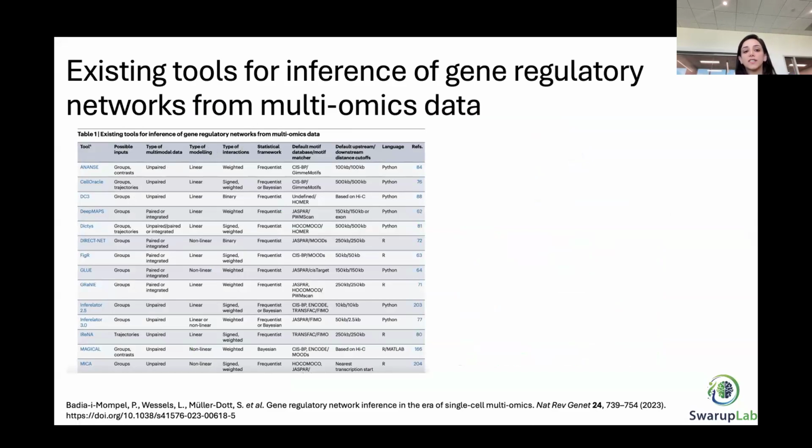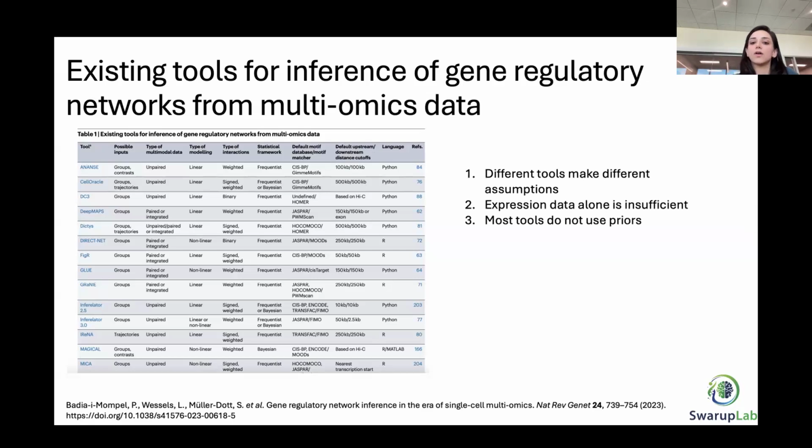Many models have their own assumptions that may not be relevant to your data set. And if you care about the distance from the promoter or where the gene starts transcribing, all of those are assumptions that these models are making. So yes, there are many tools.